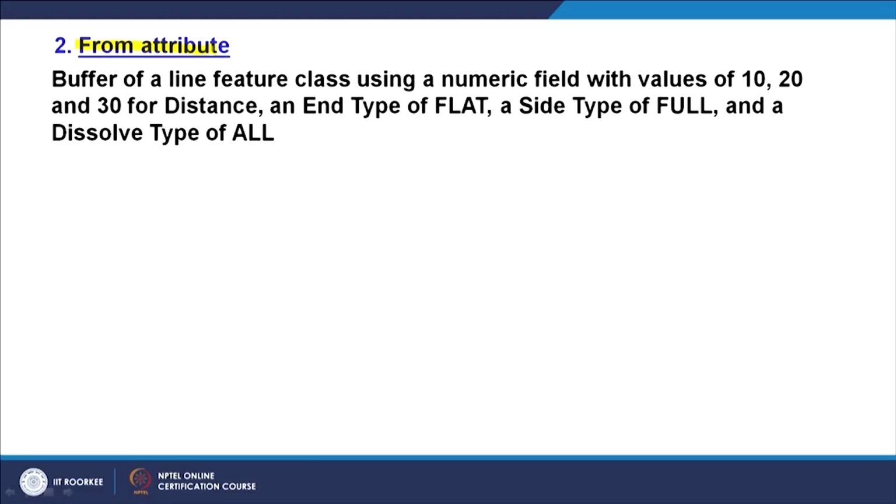So here the conditions are that, in the previous example there was a fixed width. Now here values are varying: 10, 20 and 30 from the center of the road. The end type is flat, that means it is in flat terrain, and for all sides I want the full buffer generation, and it is a dissolved type.